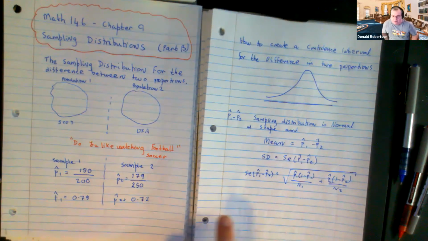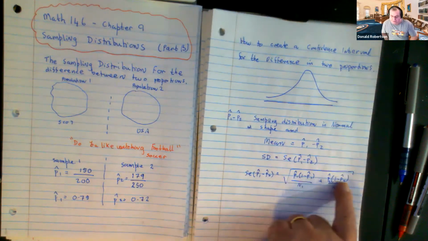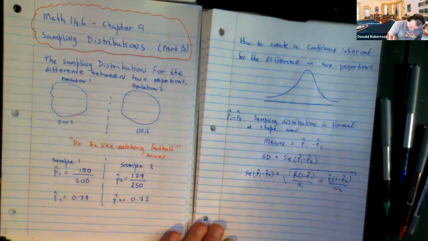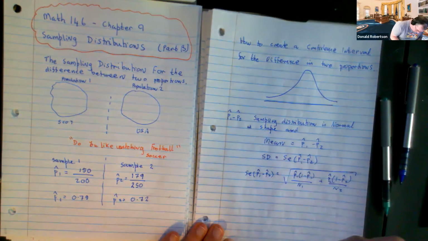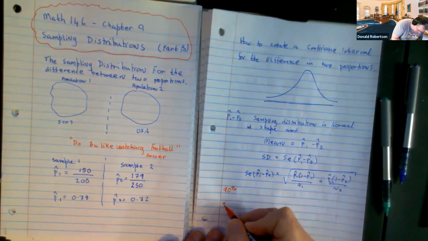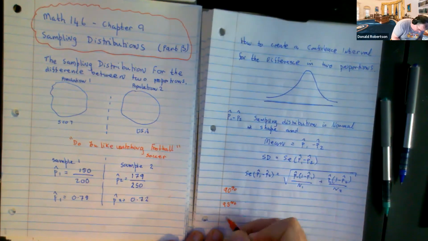Now to finish, once you know the mean, which is the difference between the two, and the standard error, which you get from that, then you can create any one of these confidence intervals. So let me choose colors. 90. Then 95. And finally, 99.